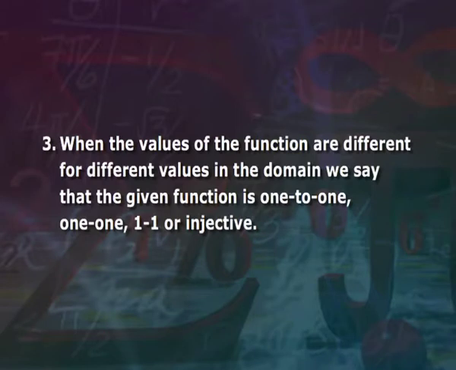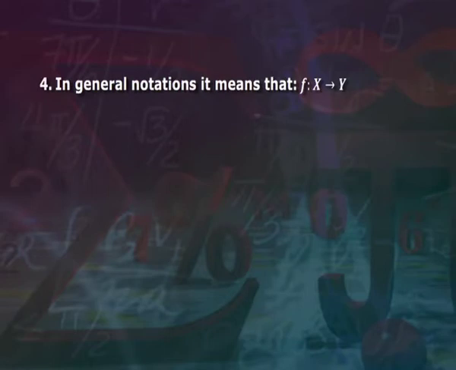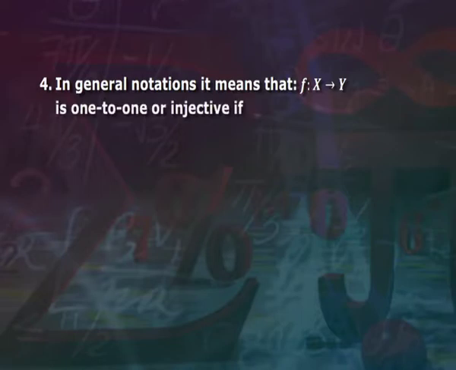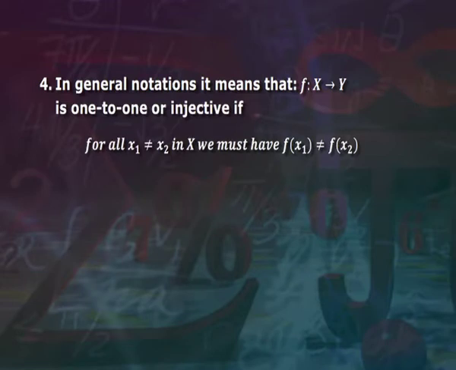3. When the values of the function are different for different values in the domain, we say that the given function is one to one, or 1-1, or injective. 4. In general notation, it means that f from X to Y is one to one or injective if for all x1 not equal to x2 in X, we must have f(x1) not equal to f(x2).